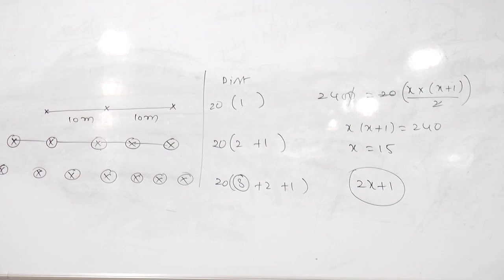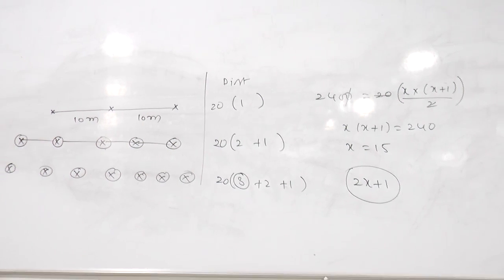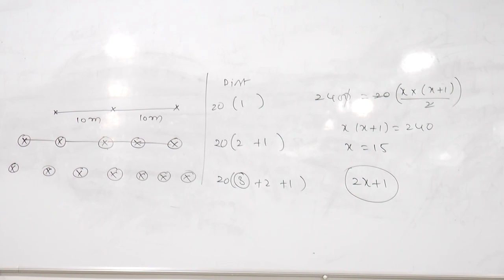Next, quantity 2. In a mixture of 35 liters, the ratio of milk to water is 4:1. 5 liters of water is added to the mixture. Then the ratio of milk to water changes to a new ratio. If we want the ratio of milk to water to change back to the original value, how much milk is to be added?